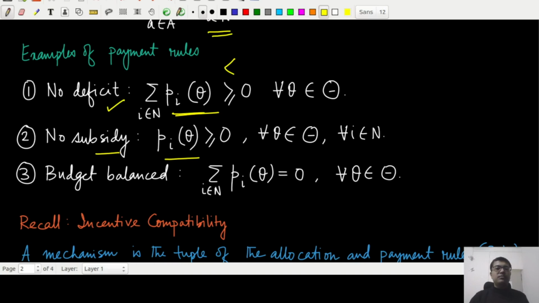The last property of payment rule is called the budget balance property, which says that the sum instead of being greater than or equal to 0 becomes exactly equal to 0, which means that there is no leftover, no additional amount of money that has been generated by the mechanism designer to run this mechanism. It has just been redistributed. So PIs can be both positive or negative. Some people pay money and some people get paid, but overall it is going to be equal to 0.